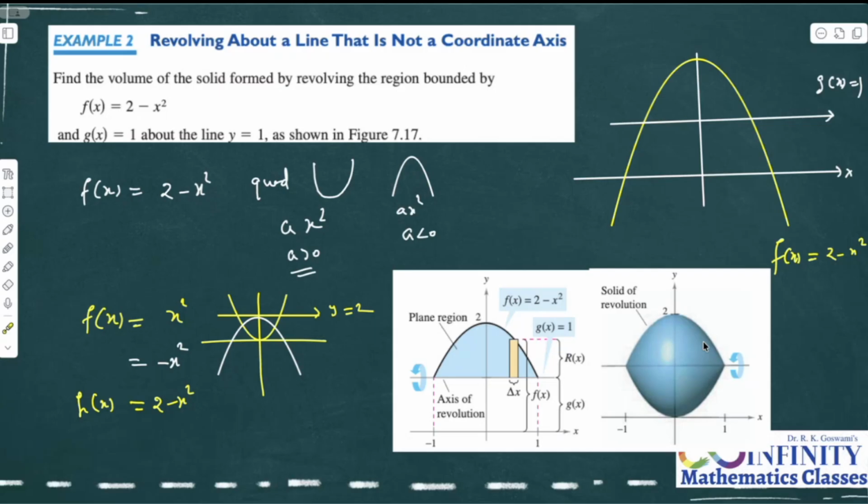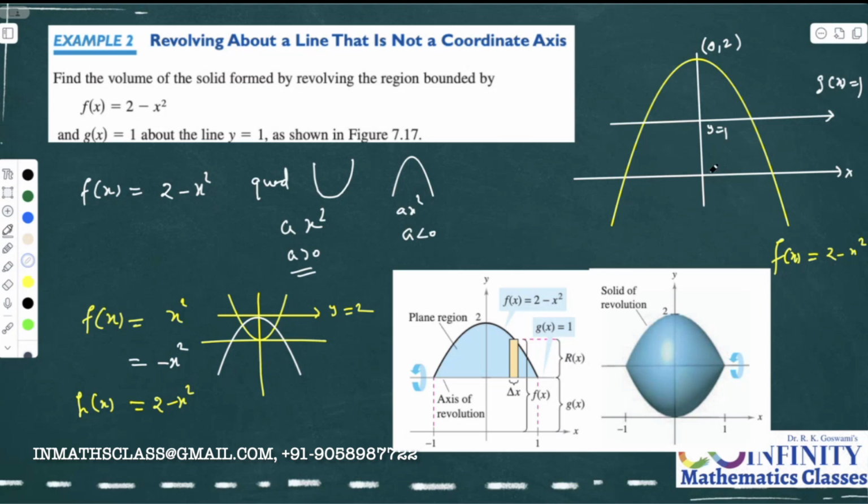We need to find the volume when we are rotating this curve about the line y equals 1. You can see the maximum point is going to be (0, 2). This is going to be y equals 1. So when you're rotating, technically this is going to be the lowest point. So this kind of graph we will be having.